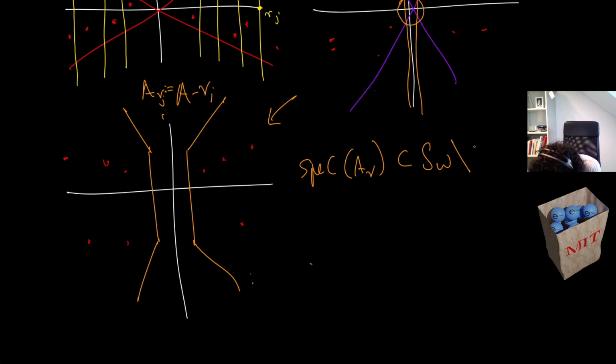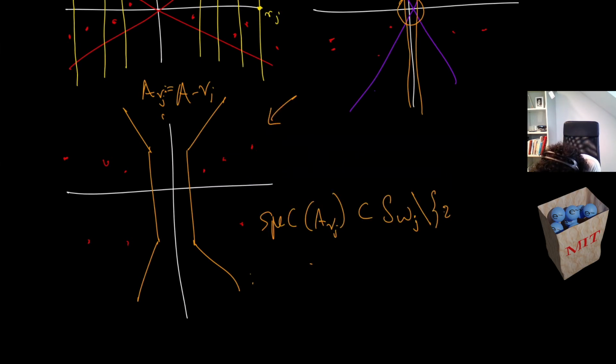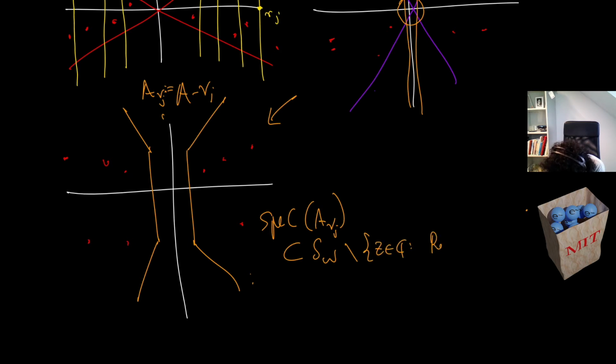So there exists some epsilon j, and I should call this the omega j, minus some strip: z in C such that the real part of z is less than epsilon j. This is contained in S omega subtract z in C such that the real part of z is bounded by epsilon j.